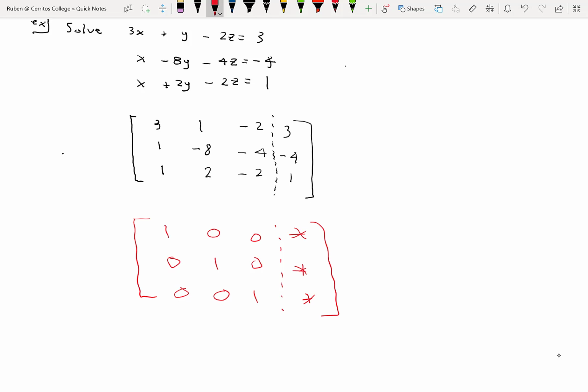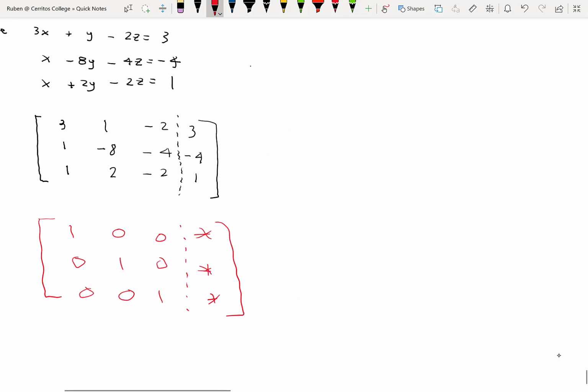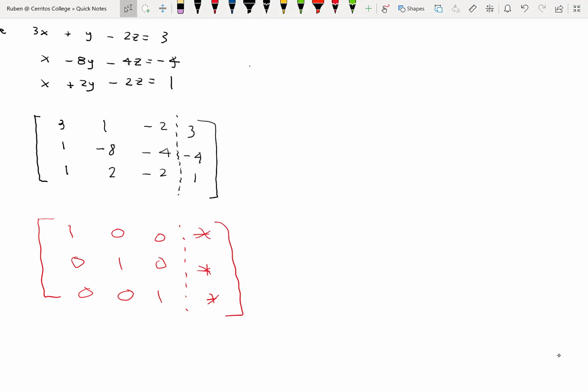Let's focus on the x variable. Let's try to get 1 in the upper left position and zeros below that. So how did I do that in the previous example? I kept the 3 there and made zeros below the 3. I'm going to do that exact same thing right now. But it's so much easier to do this without having to keep writing the variables over and over again.